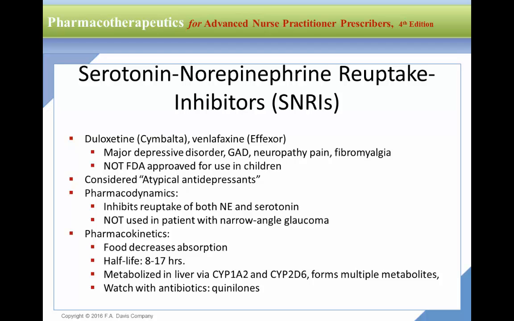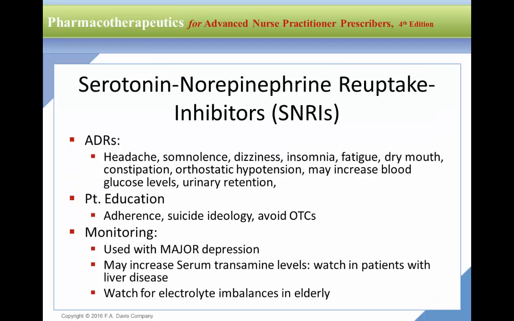They all have a high cytochrome P450 activation, so a lot of drug interactions, and the side effects will be basically the same: dizziness, insomnia, dry mouth from the anticholinergic effect, hypotension, as well as sometimes hypertension, but mostly the MAO inhibitors will do that. Suicidal ideation. In all of them you have to avoid over-the-counter medication. In all of them you have to check EKGs, BUN and creatinine, and LFTs.